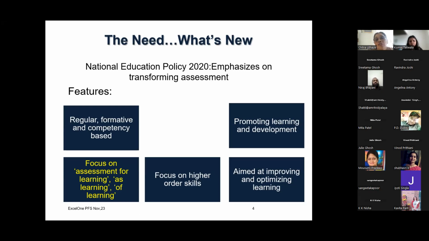There will be a focus on higher order skills, and that's why towards the end of my presentation, I'm only going to be showing you questions based on higher order skills. We're going to be looking at how to improve and optimize learning, and the National Education Policy is looking at how to promote learning and development. And because of all this, we need to take another look at our assessments. What are we doing in our schools and how can we change it or how can we improve upon it?